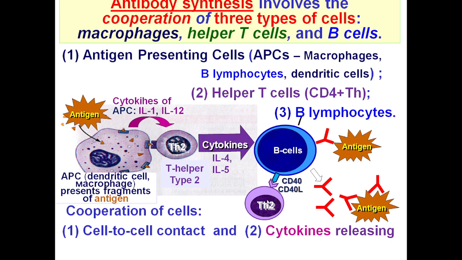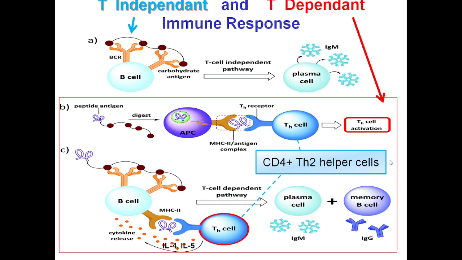And third stimulation, B cell is co-stimulated by interaction of the CD40 receptors of B cell to the CD40 ligand receptor of the Th2 cells. Now, some other co-stimulating molecules also are involved. Well, this is a simple scheme of the interaction of cells in the humoral immune response.